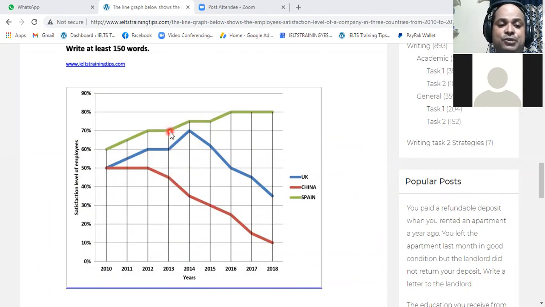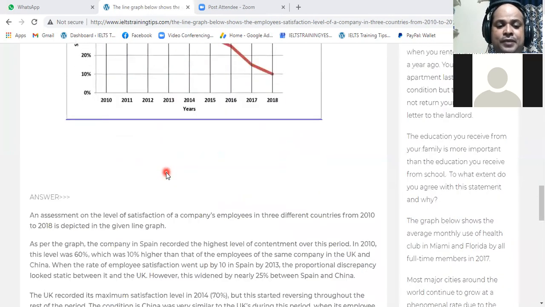This is the difference between China and Spain. So it was 10 between the UK and Spain, and the proportional discrepancy went up to almost 25 percentage between these two countries, Spain and China. This is what we can see there.